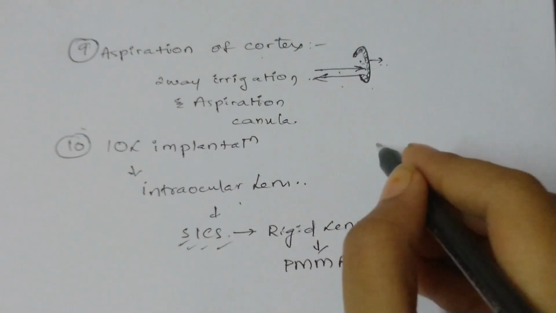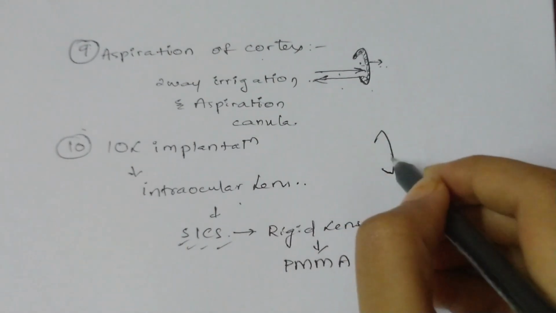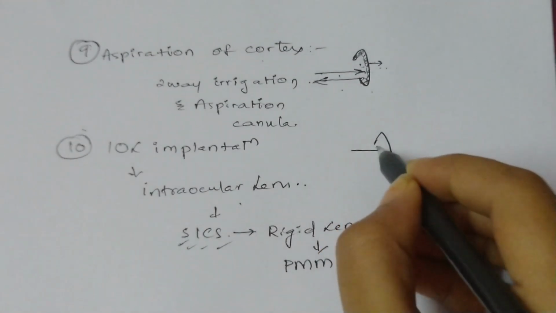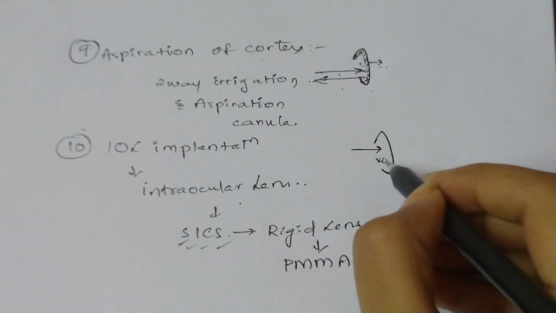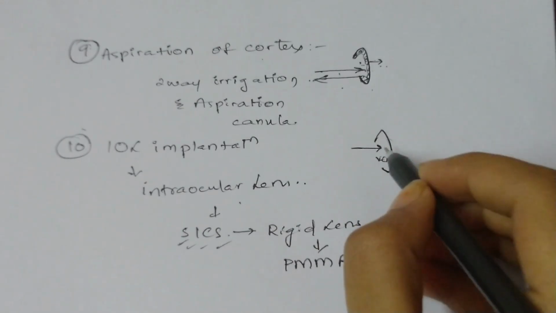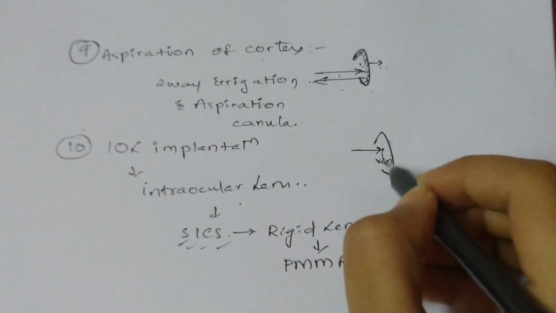So the procedure is, now we are left with only the anterior capsule part and the posterior capsule. We have to inject viscoelastic material into this capsule bag. After injecting the viscoelastic material, we can insert the IOL.